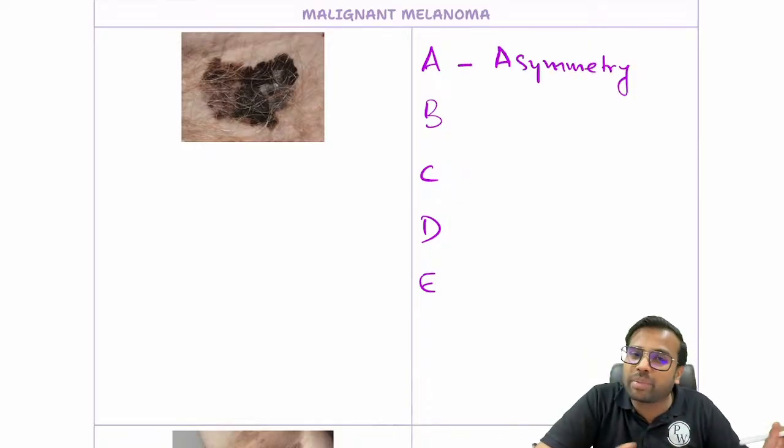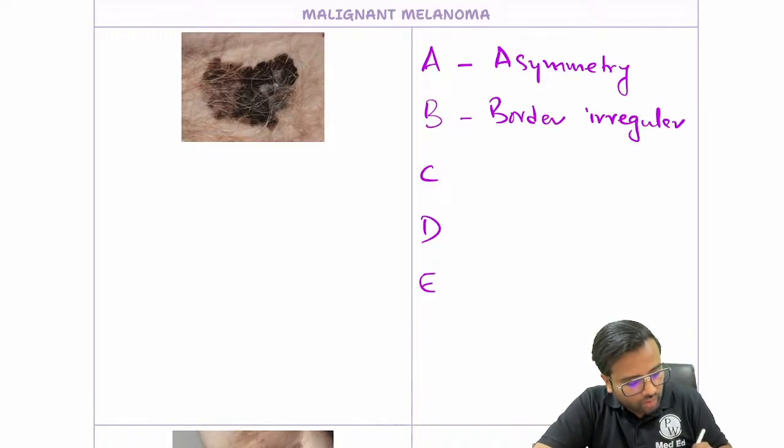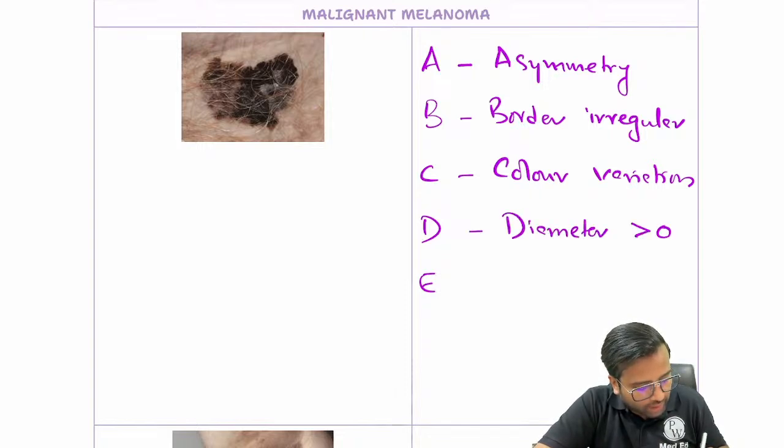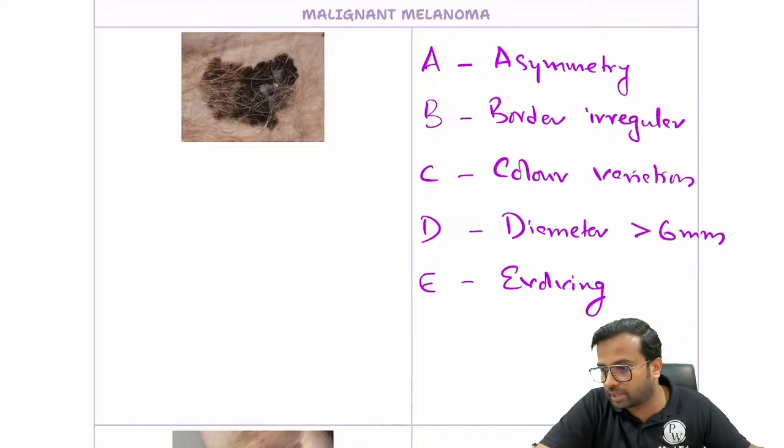So the lesions may be asymmetrical, the border would be irregular, there may be a color variation, the diameter should be more than 6 mm, and E stands for evolving in color, size and shape, right?